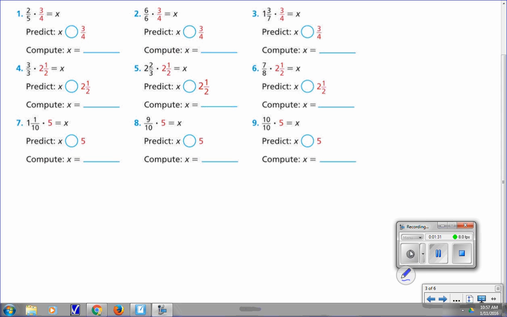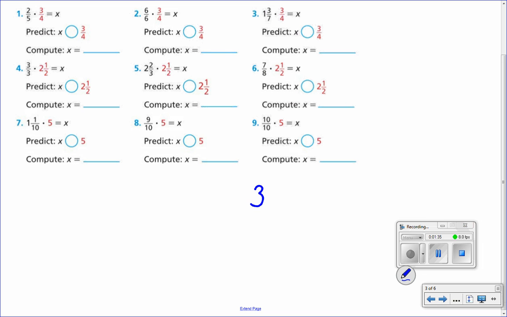Suppose you multiply a whole number by w. So let's just do 3 times w. And w is another whole number. Will the product be greater than w or less than w? Greater.